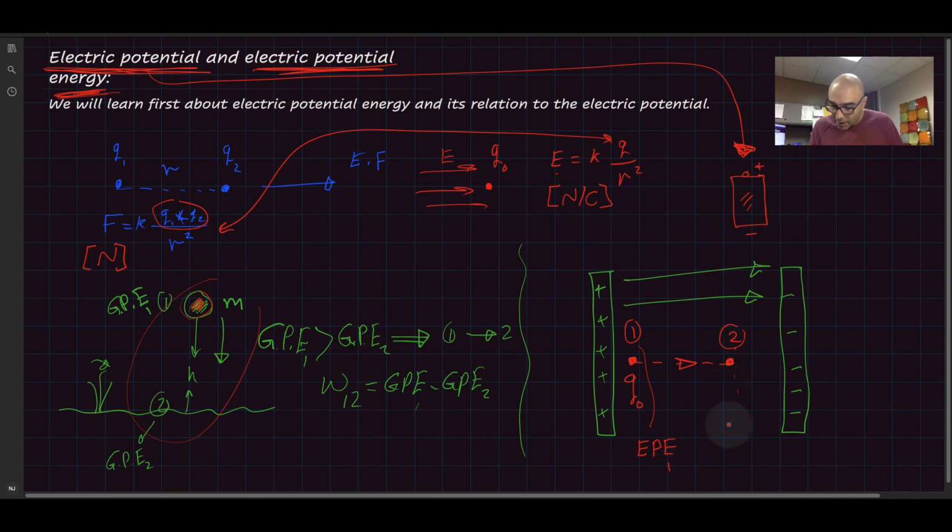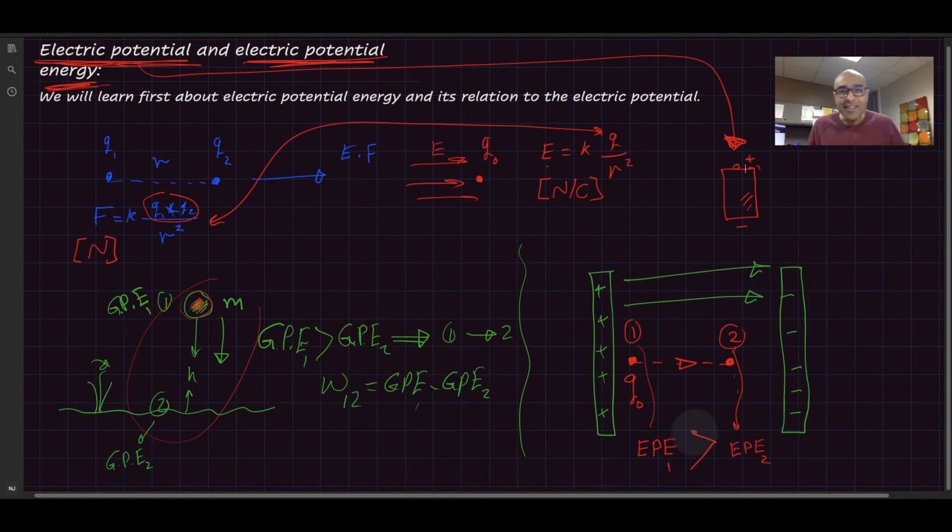And this guy here is the electric potential energy at point 2. Since the charged object moved from 1 to 2, this means that the electric potential energy at 1 is higher than the electric potential energy at 2. So this is actually what we are all talking about here. Good. And that's it for this quick introduction about electric potential energy. Thank you.